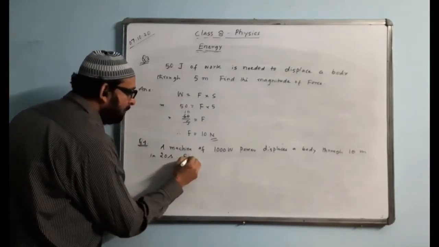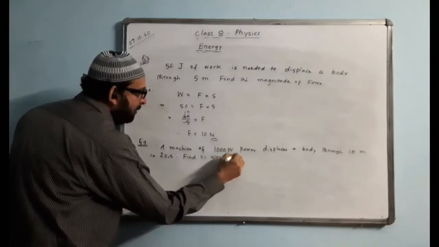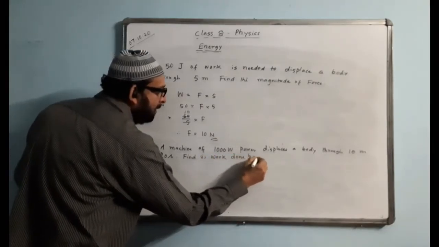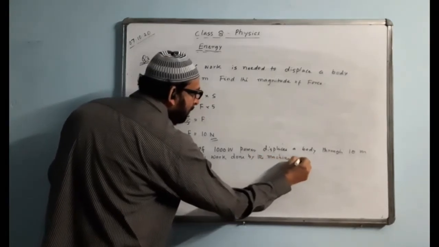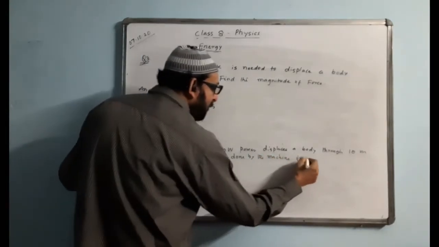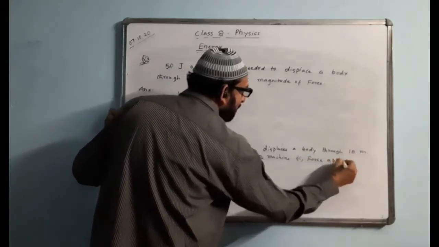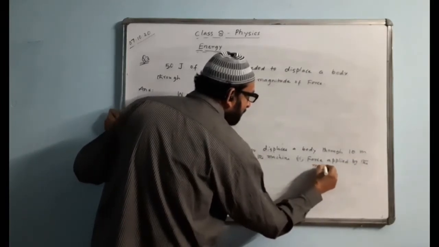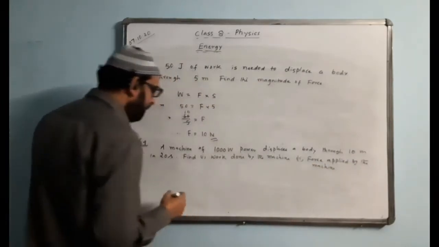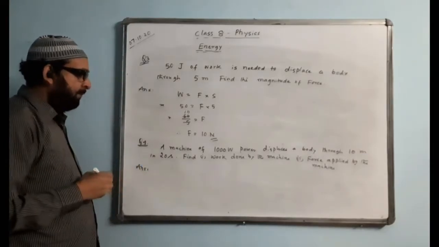Find number 1, work done by the machine, and number 2, force applied by the machine. Okay, these two things here. Now let's find the answer.